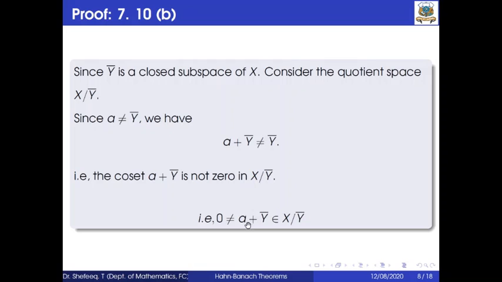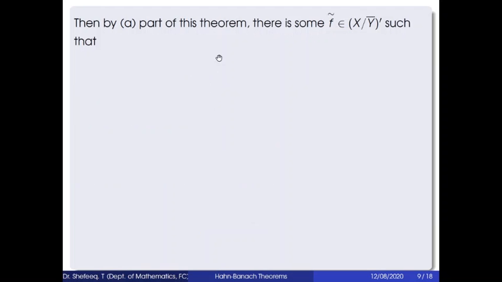Okay, so we have this is a non-zero element. Then by part A there is some f tilde from X by Y bar dash such that f tilde of A plus closure of Y equal to the quotient norm A plus Y bar, and norm f tilde equal to 1.